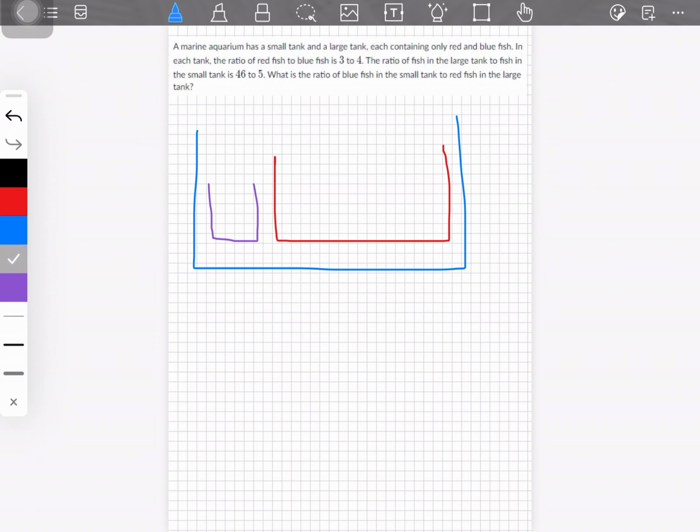So the ratio of red fish to blue fish is equal to 3:4. Here we have fishes, red and blue, and here as well. Now the other ratio that we have is the ratio of fish in the large tank to the small tank, which is 46 to 5.